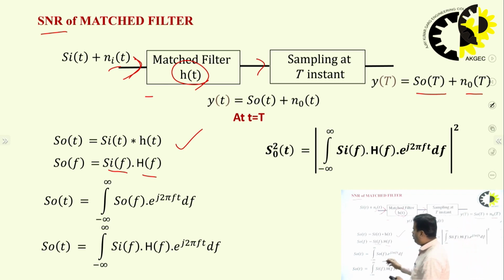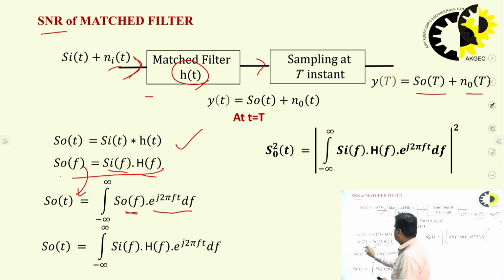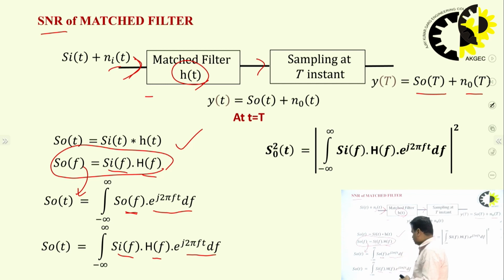Now if we want to take its time domain, So(t) is equal to integral from minus to plus infinity of So(f) into e to the power j2πft into df. Now you can put the value of So(f) here: Si(f) into H(f) into e to the power this.